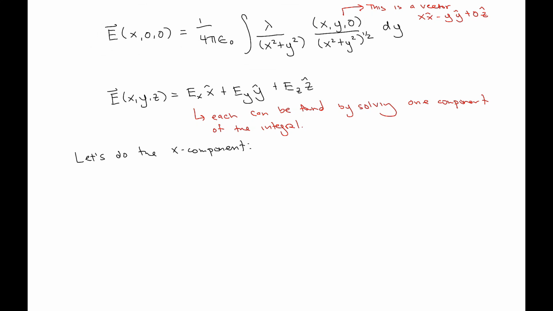So the x component of this integral, just the magnitude of the electric field in the x direction, is going to be equal to 1 over 4 pi epsilon naught times the integral of lambda. I'm going to simplify this a little bit.